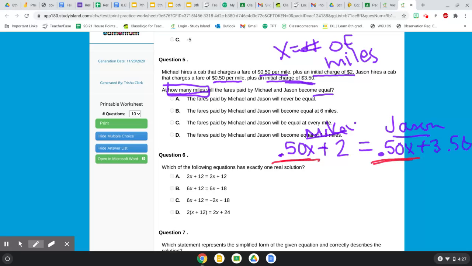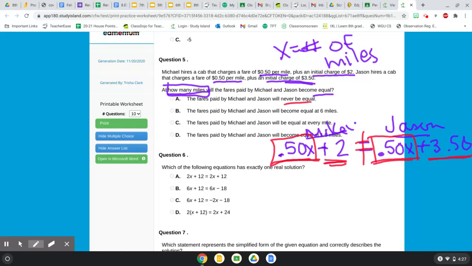If I add 2 to it one time, I'm going to get a certain number. And if I add 3.50 to it, I'm going to get a different number. Adding 2 is going to be less than adding 3.50. So is it ever going to be truly equal? No, it's not.